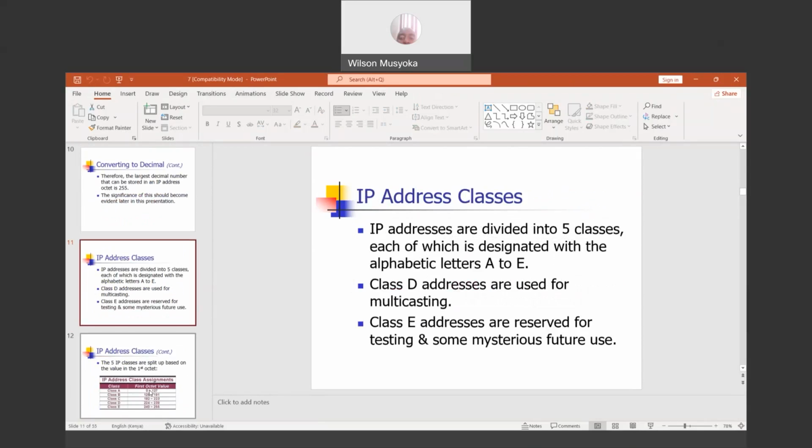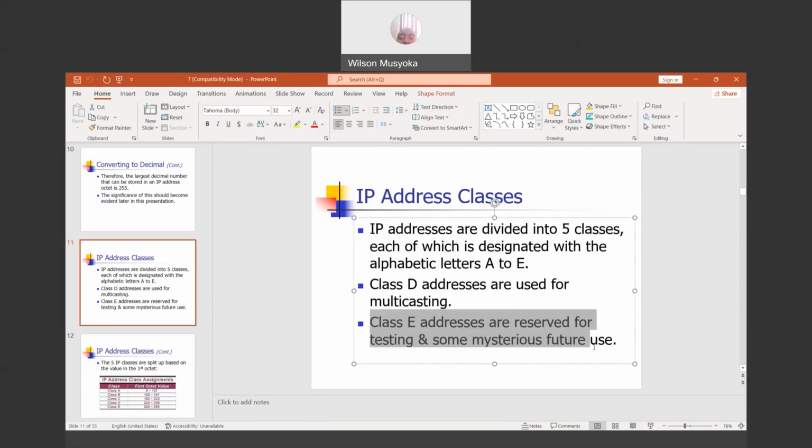So, how do we have the different IP addresses? We normally have the IP addresses divided into 5 classes, whereby each class is going to be designated by an alphabetic letter A to E. So class D is used for multicasting, and class E is reserved for testing and some future use, which is not yet known.